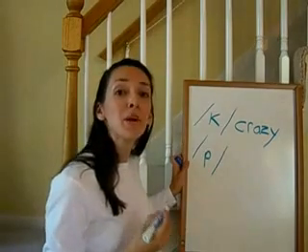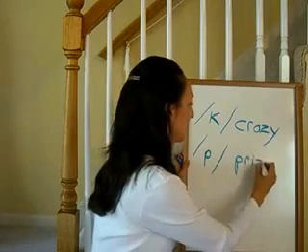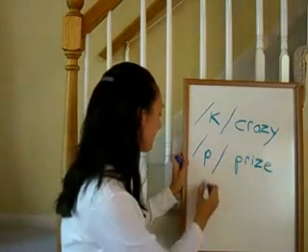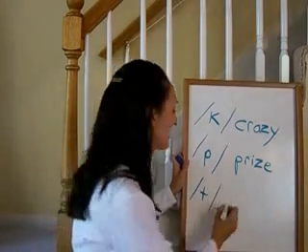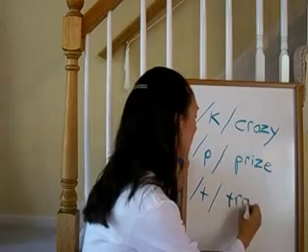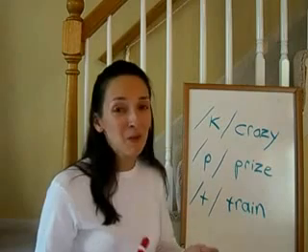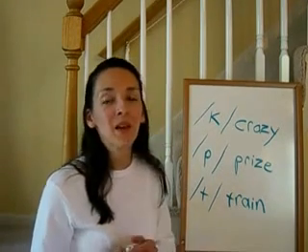After the sound P, as in prize. And after the T sound, as in train. If you want to master the R sound, then I want you to understand this.